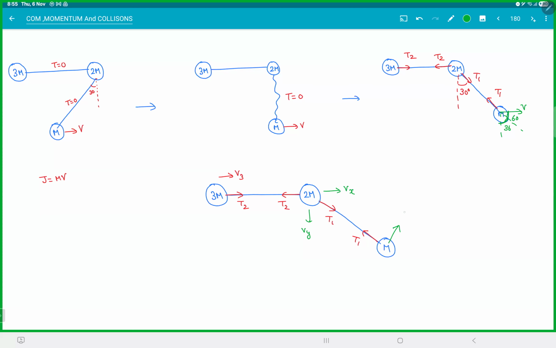V cos 60, V sin 60. And in this direction, we will get some other velocity. Let's call it V1. So since tension T1 is perpendicular to V sin 60, it is unaffected.